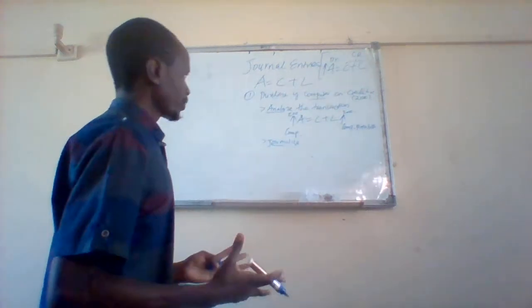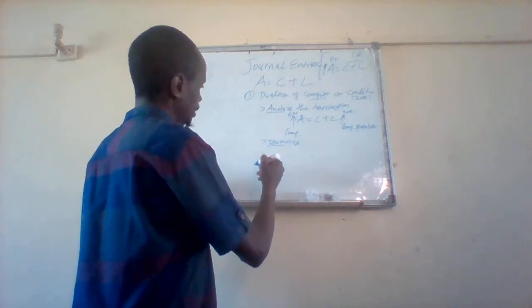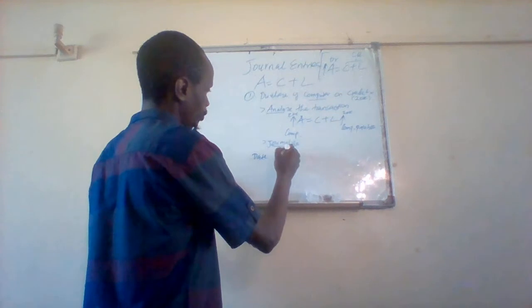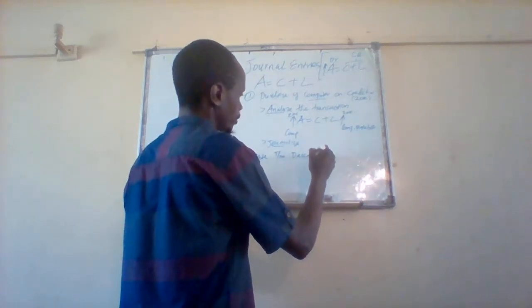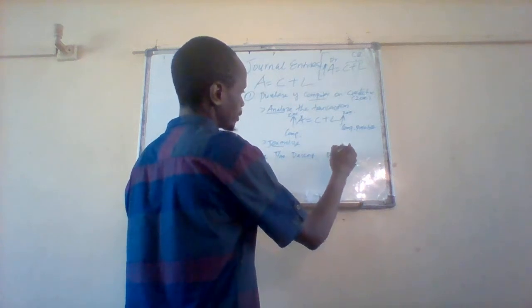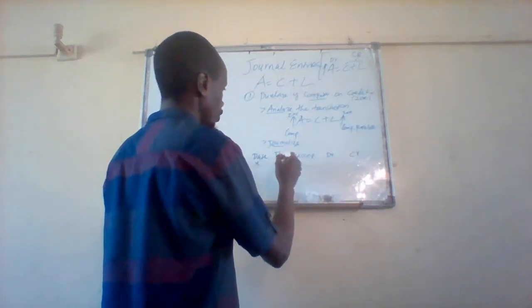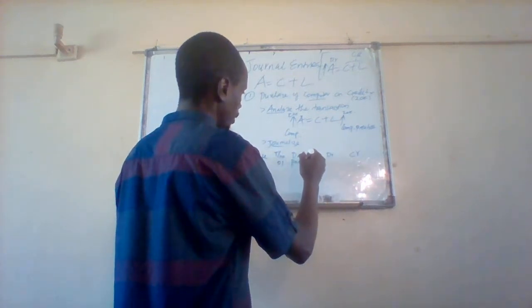So how do we translate it into writing? We will have date here, we'll have transaction number, we'll have description, we'll have debit, we'll have credit. The date I'm not given, transaction number, let me say 01, description purchase of computer.